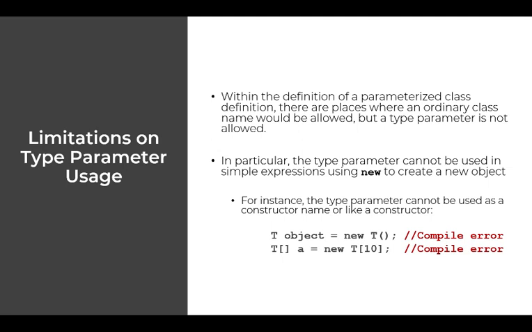So I cannot say T object equals new T, or I cannot create an array of T with new T of size 10, something I mentioned earlier. That's why I had to create first an array of Object and cast that array of Object into an array of T. Otherwise, the compiler is going to create an error.